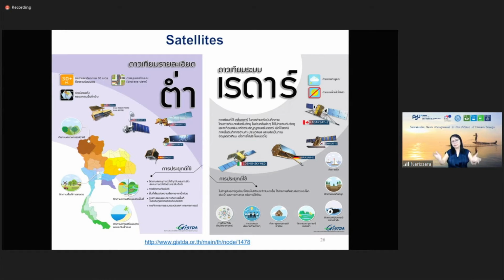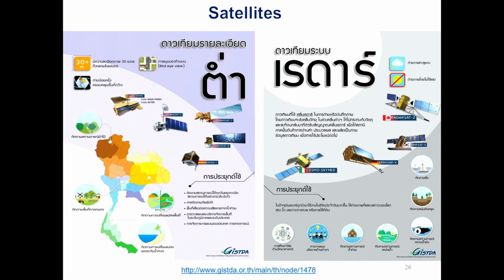You can see it for the whole country, because if you want to analyze some information for the whole country, it's difficult to use very high resolution. First, you have to buy it, and one scene of the satellite image cannot cover the whole country. You have to buy many satellite images and then mosaic them together.